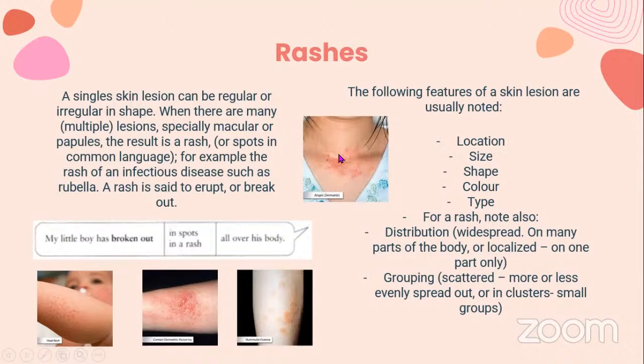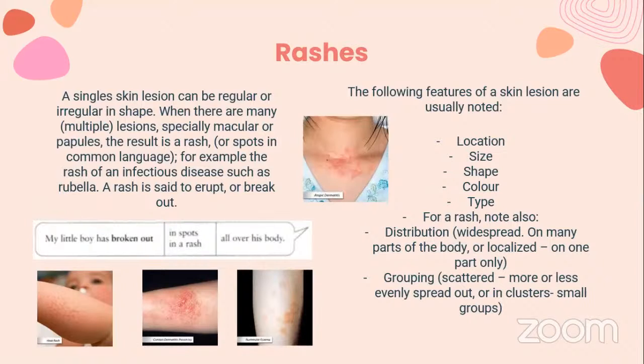Sure. A single skin lesion can be regular or irregular in shape. When there are many multiple lesions, especially macules or papules, the result is a rash or a spot in common language. For example, the rash of an infectious disease such as rubella. A rash is said to erupt or break out.